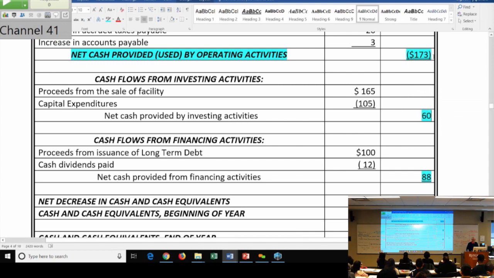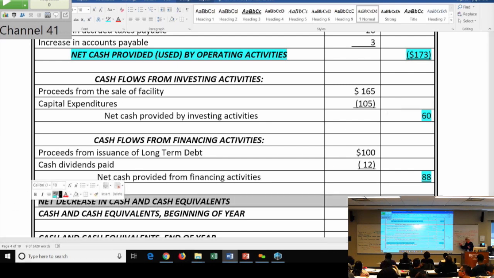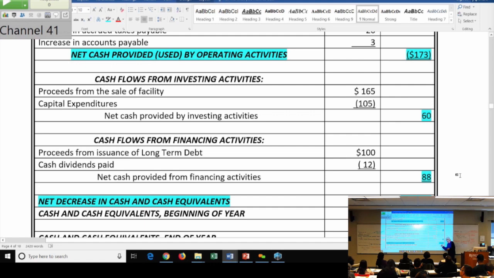So the net decrease in cash and cash equivalents is minus 25. Now, I got this right at home, but if you don't get that answer, it's not the end of the world. Everything else in there could be correct even if you stated it wrong. So we'll talk about this more before the next test. You do not spin your wheels trying to get to that number, because you might change something else and make it worse.